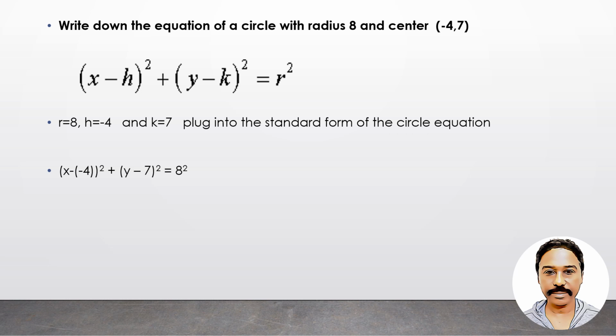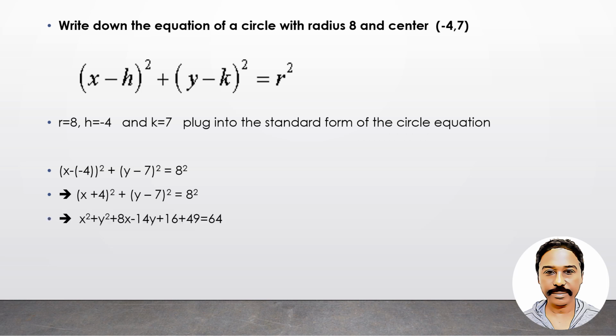Everything also squared is equal to 8 squared. Then you simplify, you get (x plus 4) squared plus (y minus 7) squared, which is equal to 8 squared.